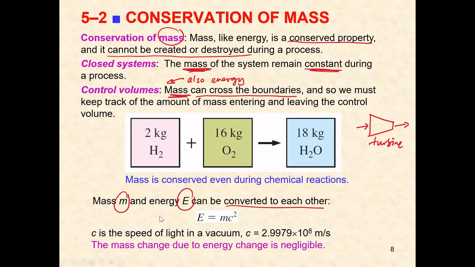Mass, m, and energy, E, can be converted to each other, given by the relationship E = mc², where c is the speed of light in a vacuum, c = 2.9979 × 10^8 meters per second. You must note that the mass change due to energy change is negligible.